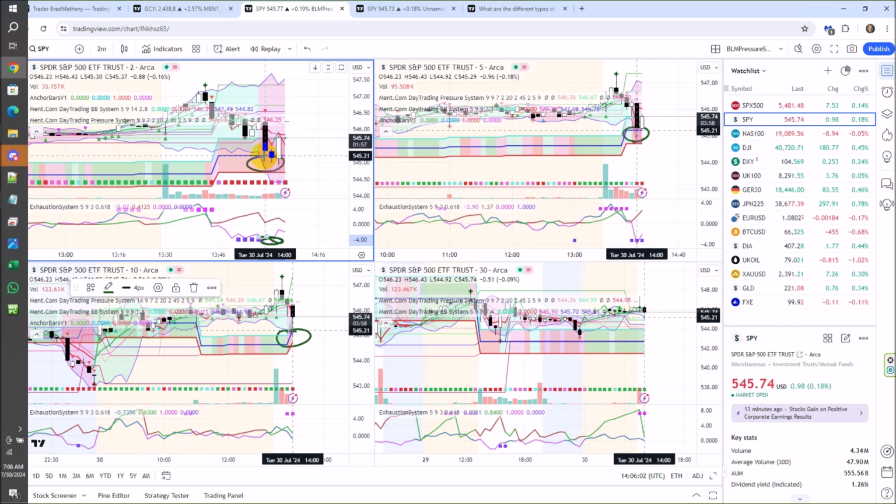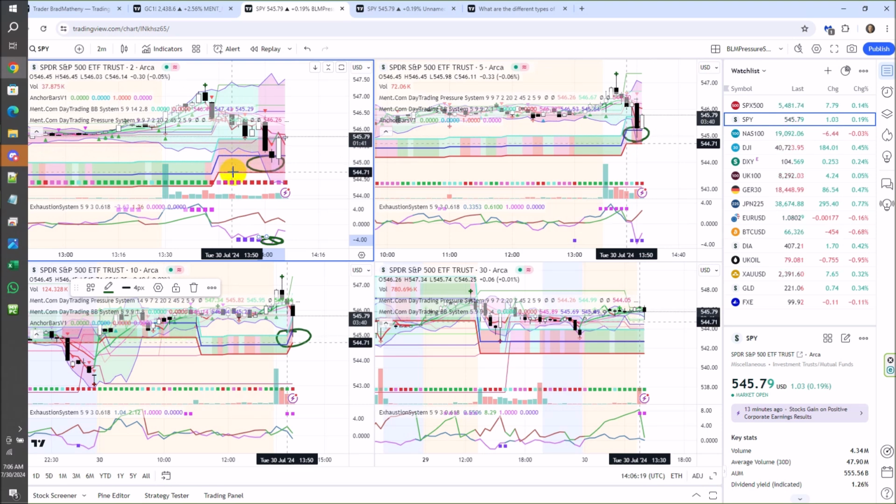Remember, I highlighted this ultimate 382 level, which is really going to be your Fibonacci guide for support. In this mode, being bullish, this is the 382 level, this is the 50 level, and this is the 618 level. In a bearish trend, this is the 382 level, this is the 50 level, and this is the 618 level.